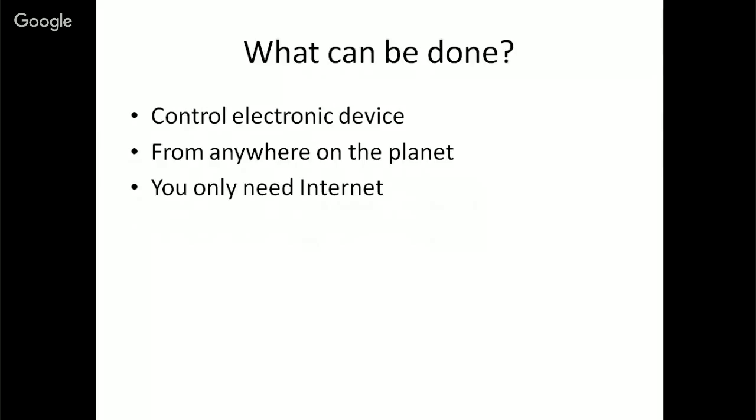These things can be done with the help of Internet of Things. Where can we apply IoT or Internet of Things? We can apply Internet of Things anywhere on the planet.